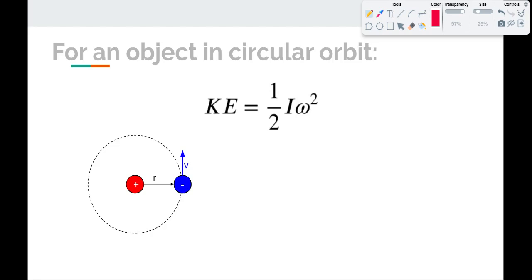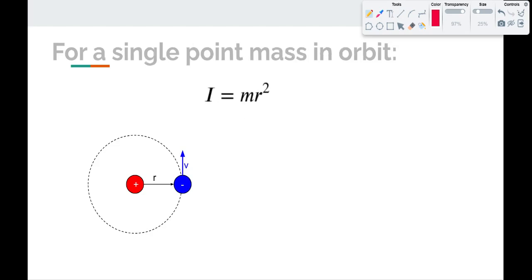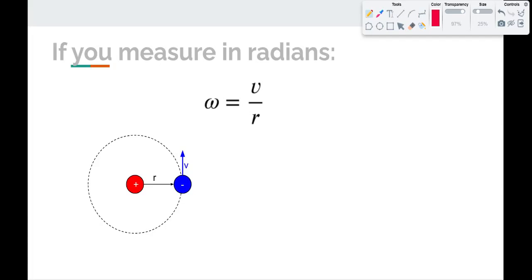I is a characteristic of the spinning object, which for a point mass is the mass of the object times the radius of the circle squared. That's I. Omega, the angular velocity, turns out to be, if you're measuring it in radians, the ratio of the linear speed of the object divided by the radius of the circle.